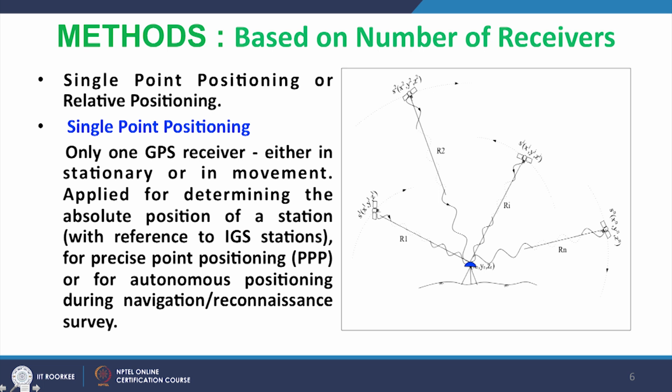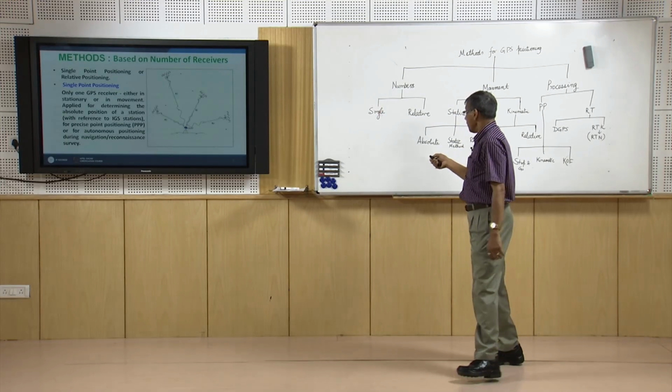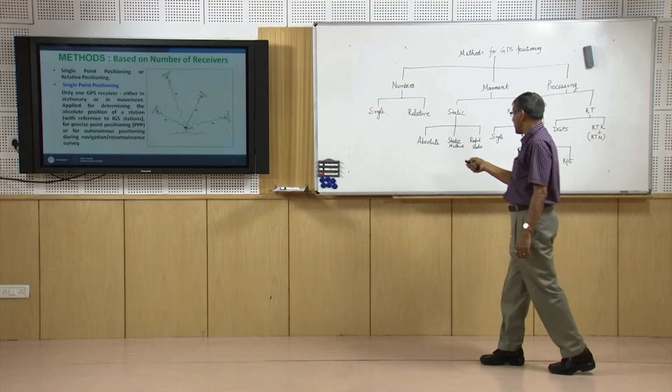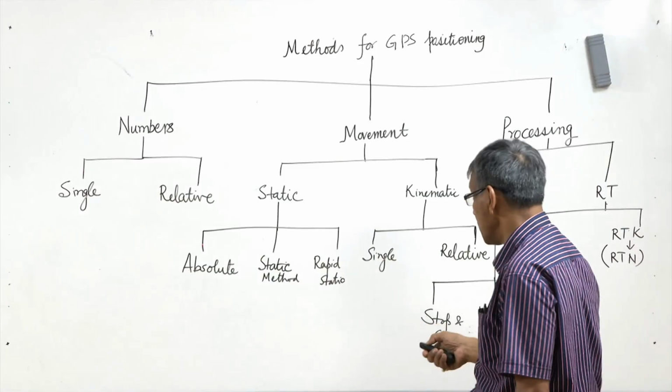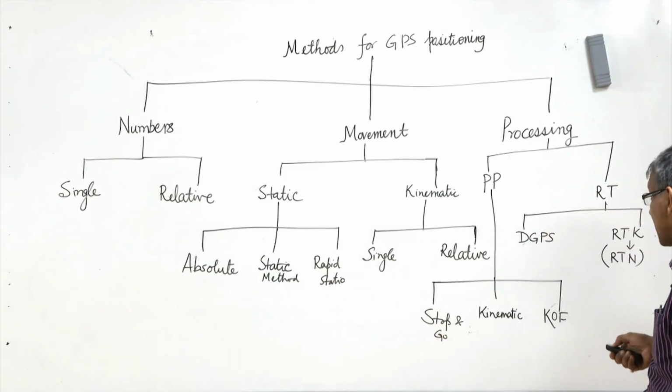In the single point positioning method, a single receiver is being used and the signal will come from as many satellites as are visible from this receiver, minimum should be 4. This is a single, also absolute, also single.